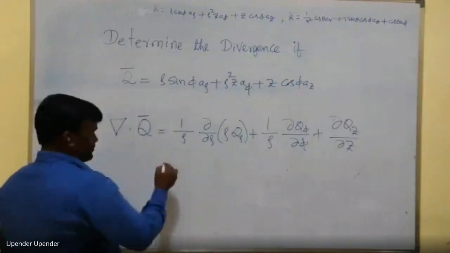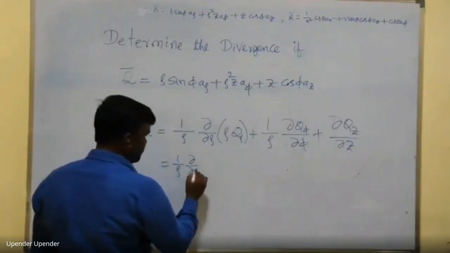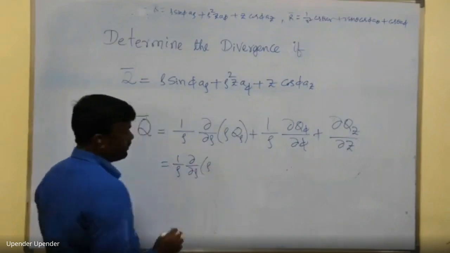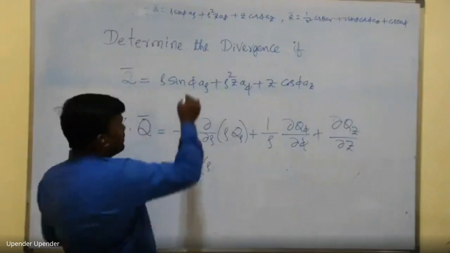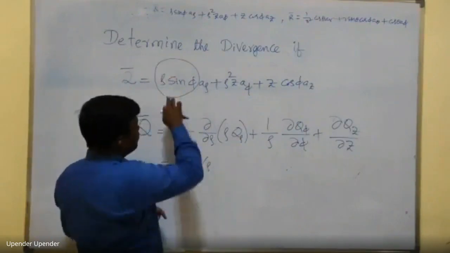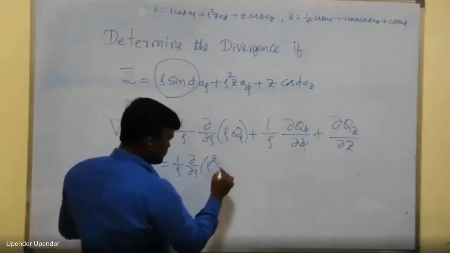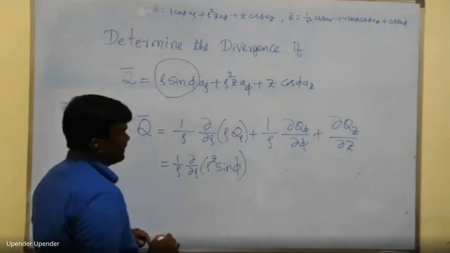Now simplify this one. 1 by rho dou by dou rho of rho into Q rho. The component of Q along the rho direction is rho sin phi. Already you have rho, so rho into rho sin phi is rho square sin phi.